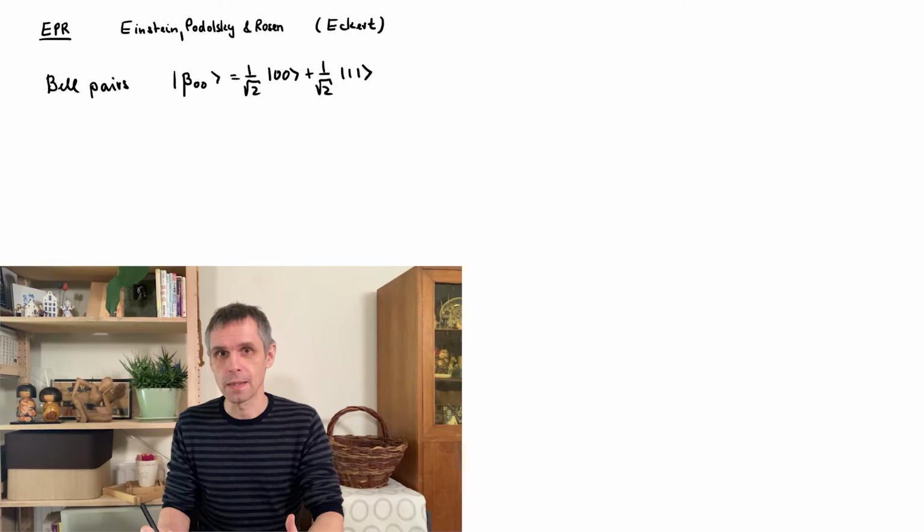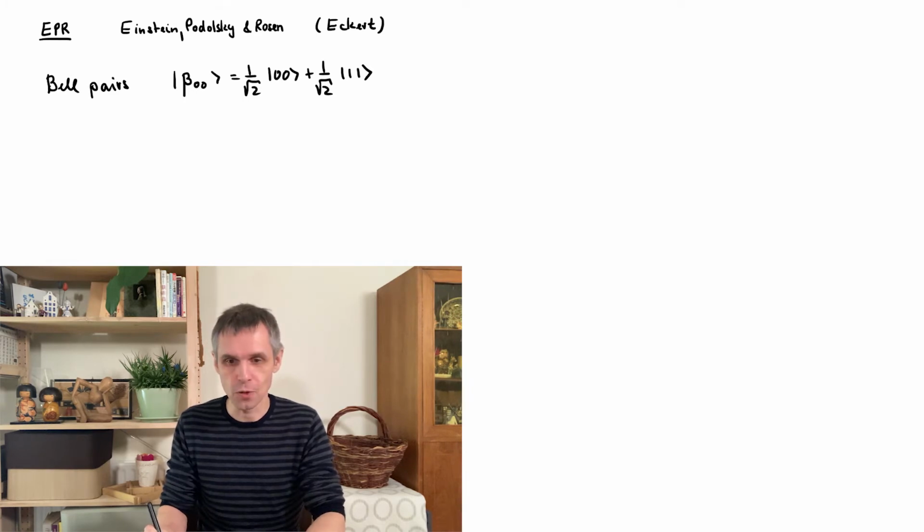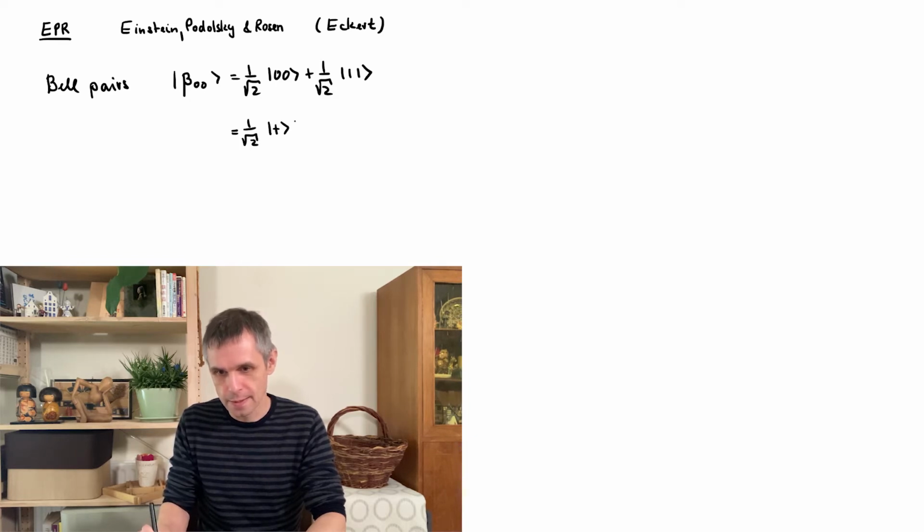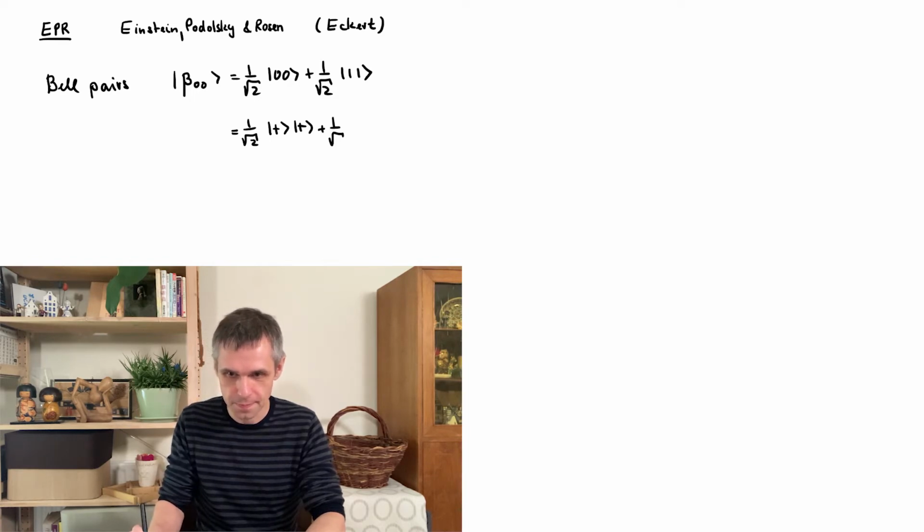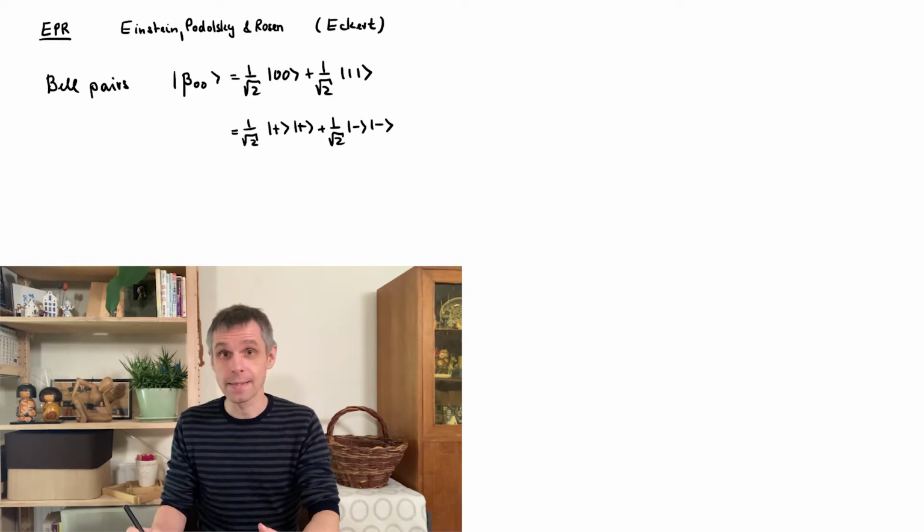So this is just a Bell pair that we have utilized many times before, but what is interesting is that it can also be written and hence interpreted in a different way. Namely, we can write it also in this way here. This still looks like a maximally entangled state, but written in a different basis.